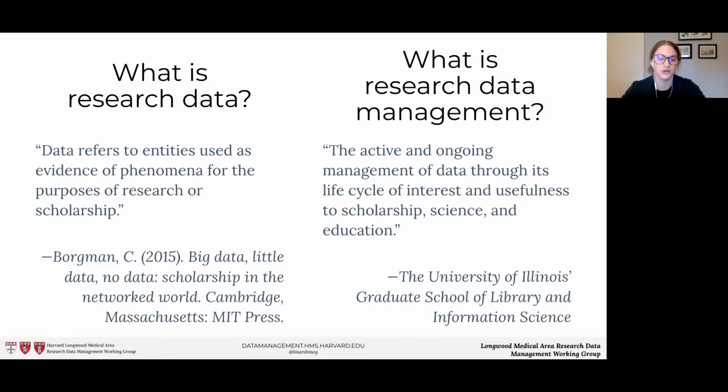So that's the term research data management, which is used to refer to this active and ongoing management of data. Managing data is about knowing that context, who created it, why it was created, what it's about and where it is. Evaluating that context is really essential for effective data management and stewardship.